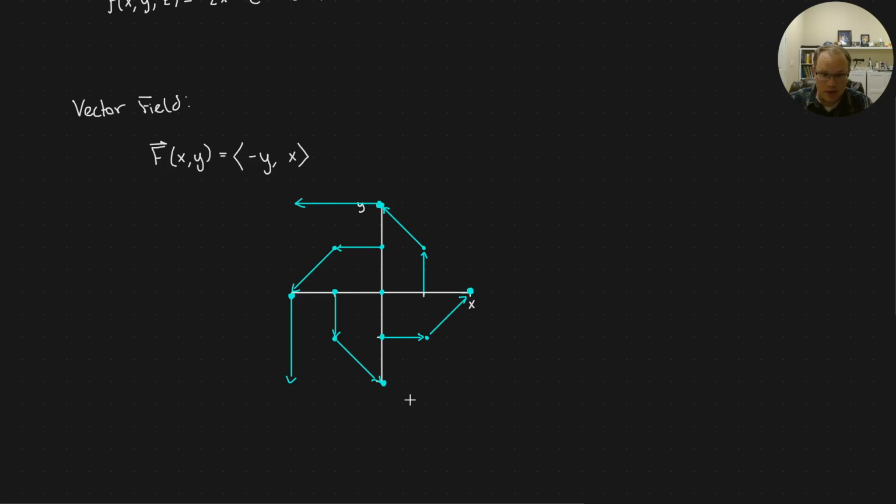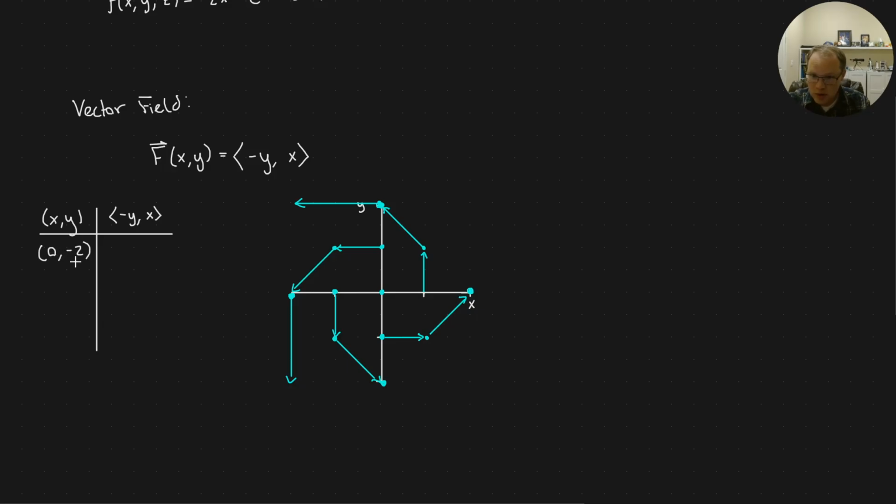If I plug in this point, which is 0, negative 2, and just to make it clear what's going on here, I'm plugging in a point, I'm getting out a vector. So let me just illustrate for a couple of them, make sure we understand. So this point is the point 0, negative 2.